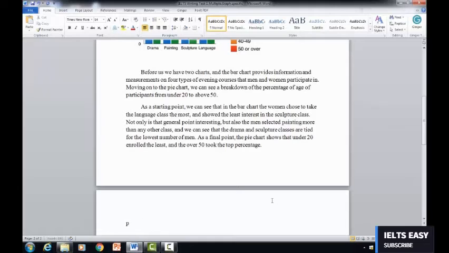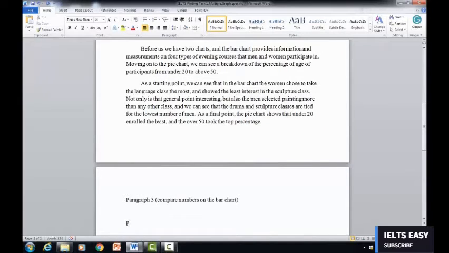For paragraph 3, we're going to compare numbers on the bar chart, and for paragraph 4, we are going to compare numbers for the pie chart.